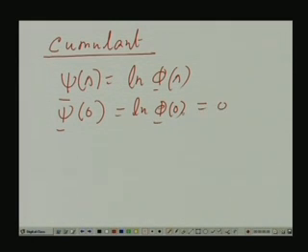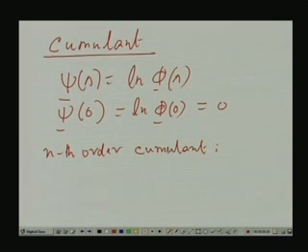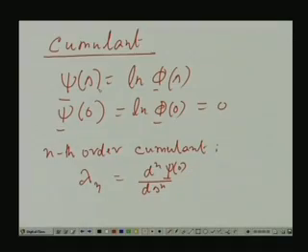Then we define the nth order cumulant lambda n: you differentiate psi bar s with respect to s n times, then put s equal to 0.